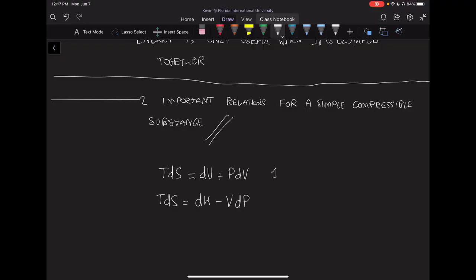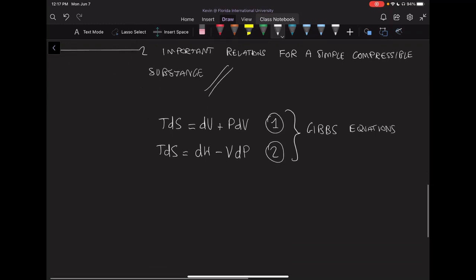Okay, so this is equation 1, equation 2, and they're called the Gibbs equations. Okay, so let's try and derive them. So let's derive the first one.